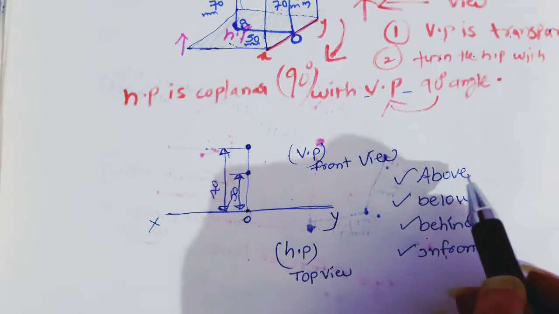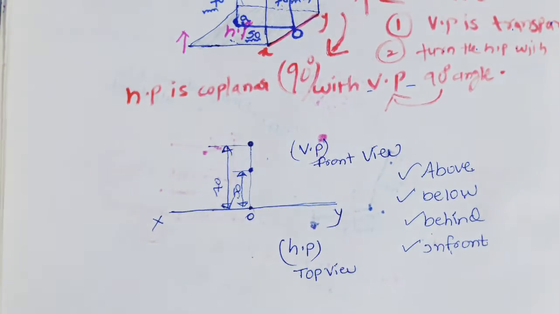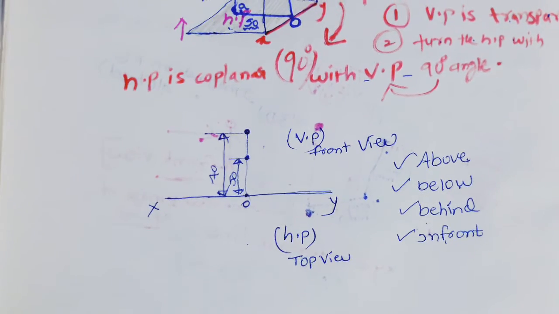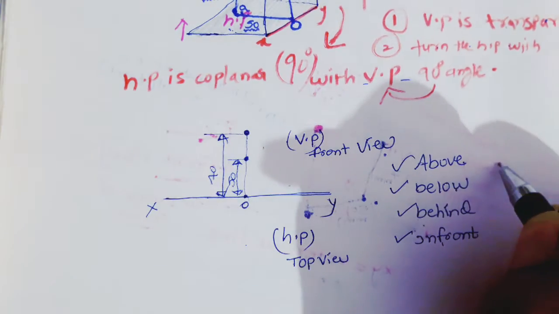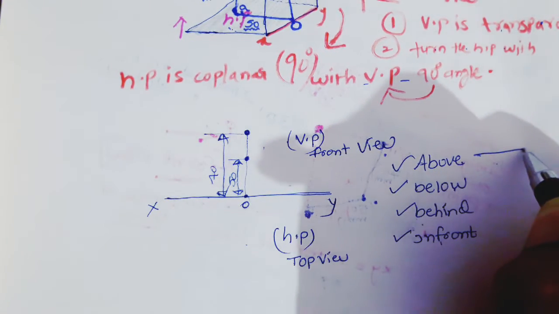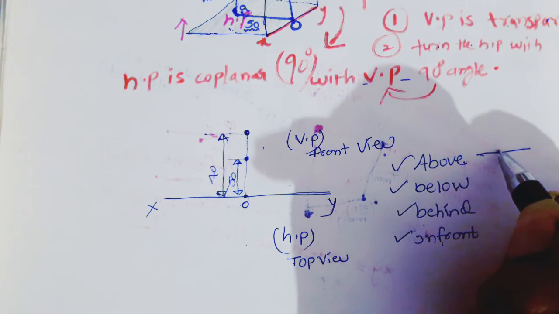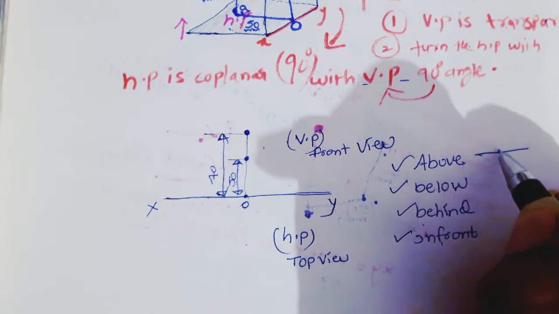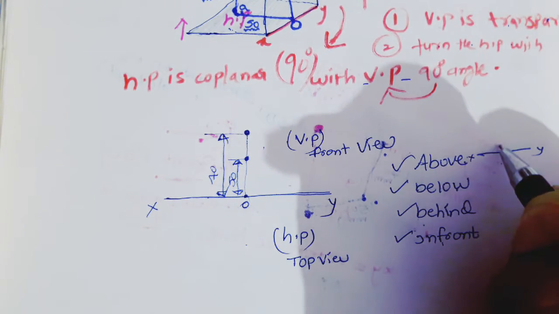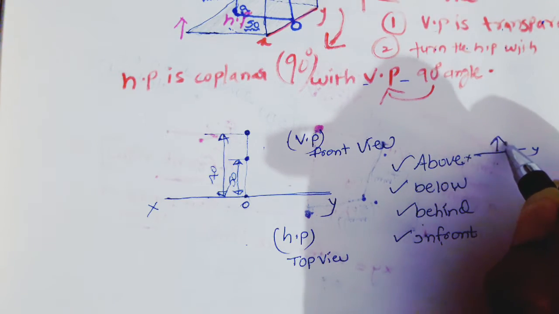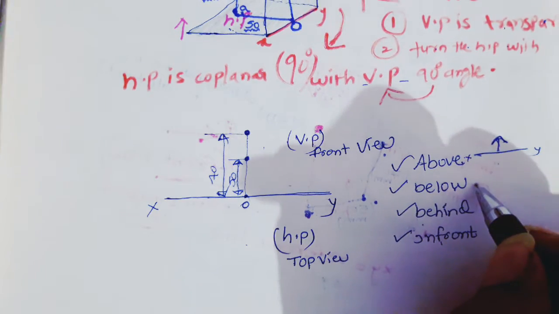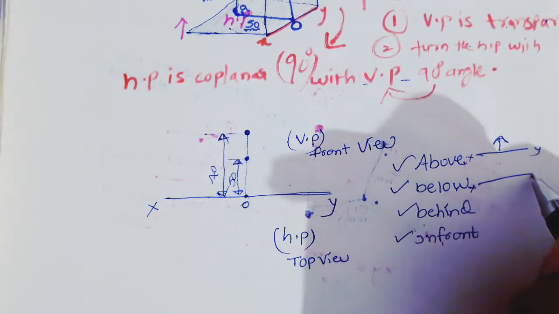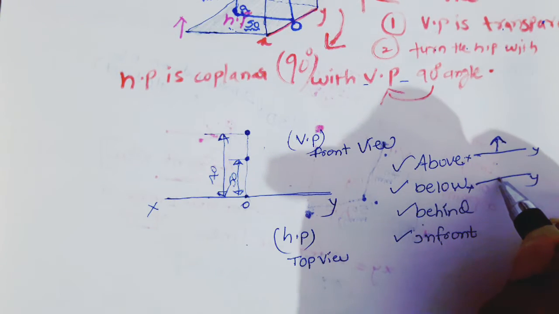So above is nothing but you have to show the point above the XY reference line. Below is nothing but you have to show the position of the point below.